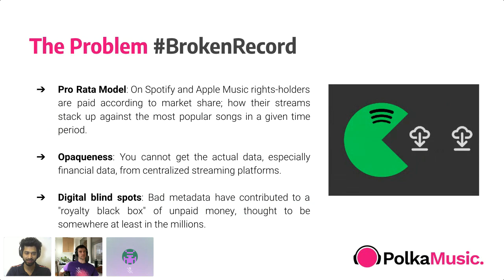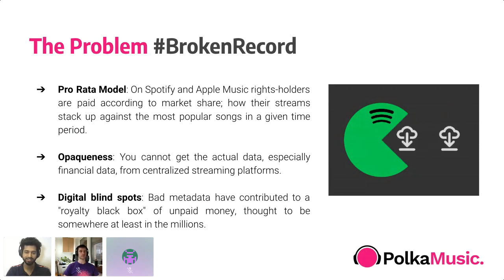Why exactly is this issue happening? It's because of the pro rata model, the way these streaming platforms calculate who gets paid how much. Let's say Urban is listening to two artists from his country, and nobody else listens to them. He's their fan, and only he listens to them for the whole month.